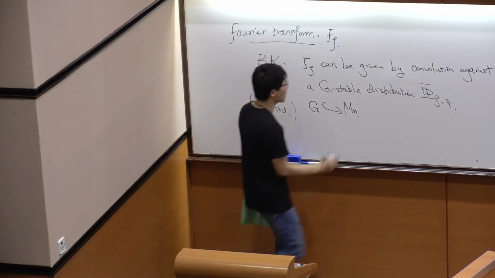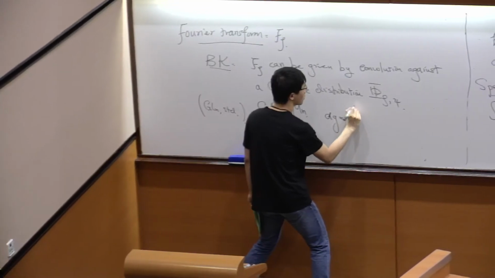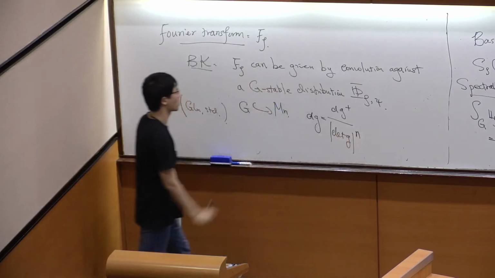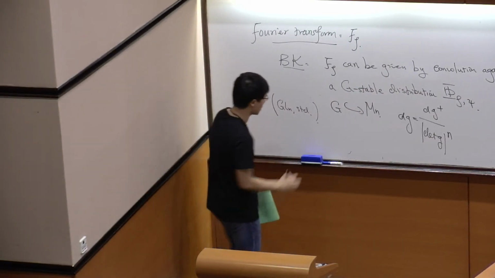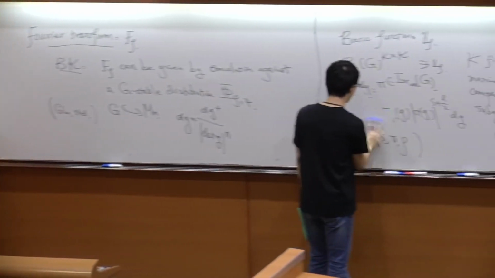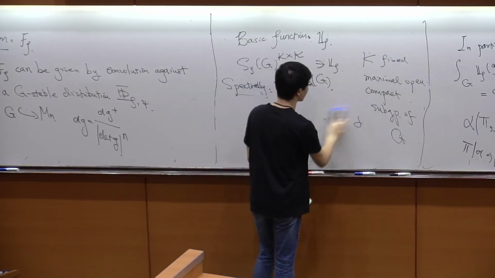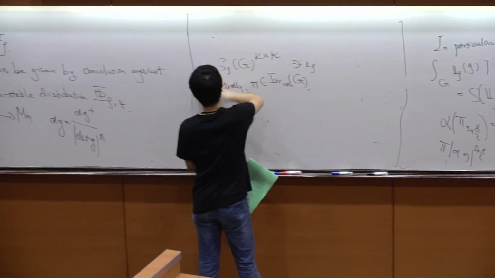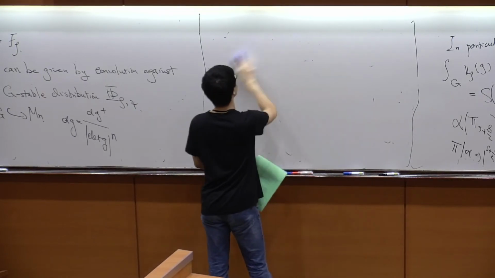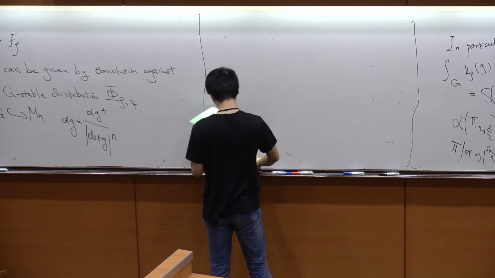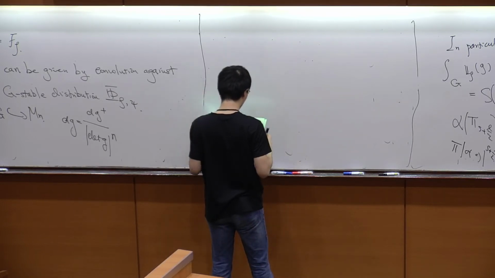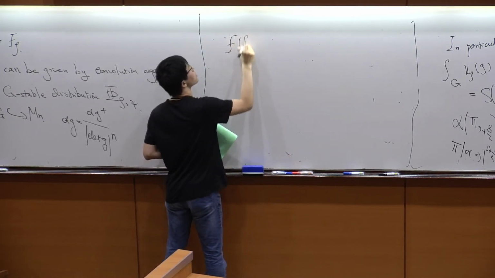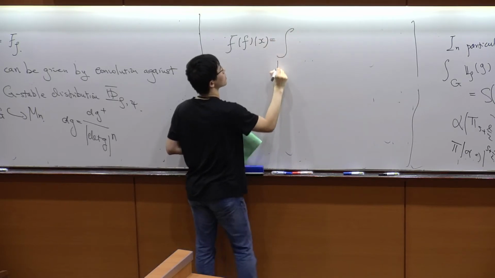And the relation between the Haar measure on G and the Haar measure on Mn is described as follows. Then the standard Fourier transform is written as an integral transform on the space of matrices.